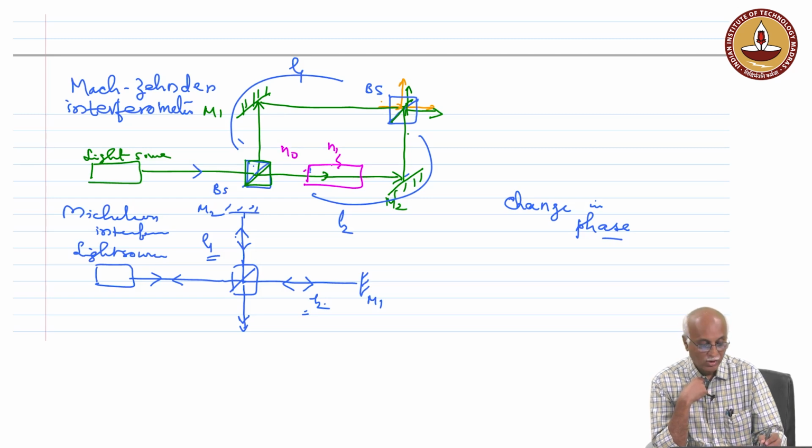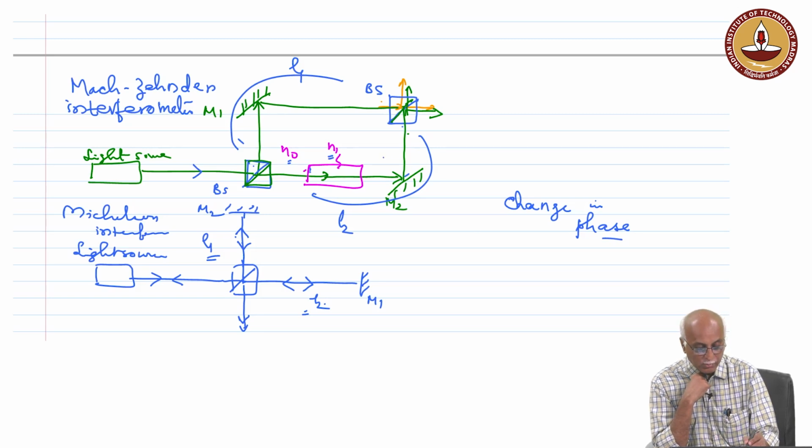The light travelling in arm L1 is experiencing refractive index N0, while the light travelling in arm L2 is experiencing N0 in some part, and in part of this arm it is experiencing N1 as the refractive index.